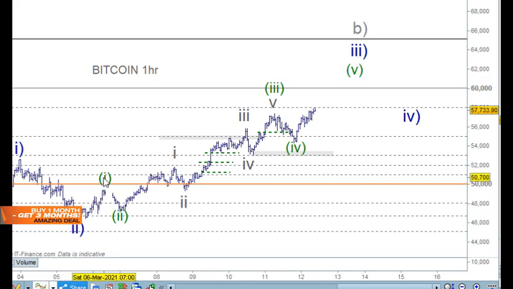So we're looking at 1 and 2 here, and then 3 here and 4 here, and then wave 5 up through here. So between wave 4 and wave 5, we'll also be looking at 5 waves, so we'll need to understand that. I'll just make an educated guess here at the moment for that.